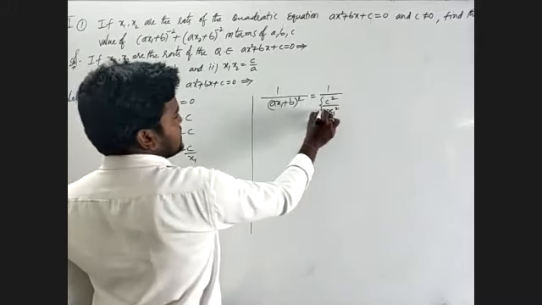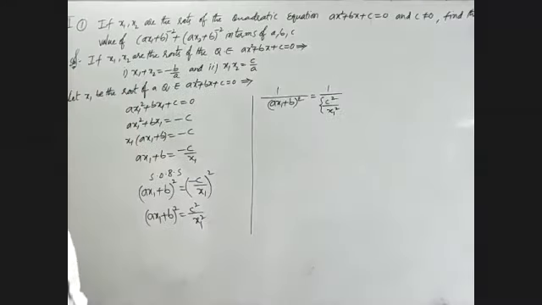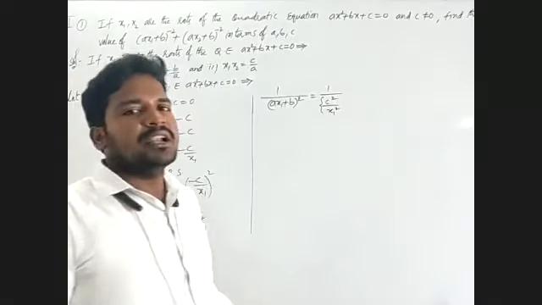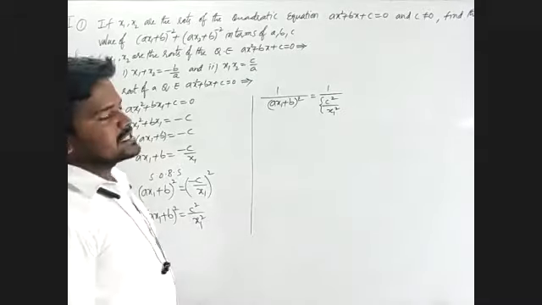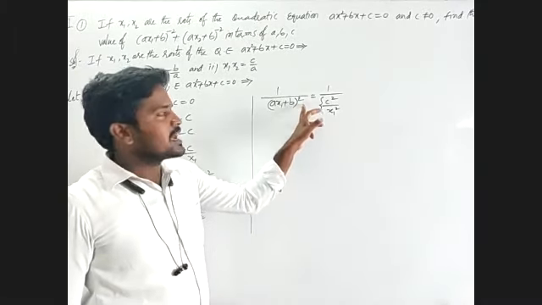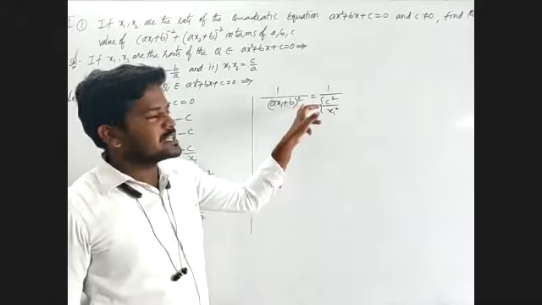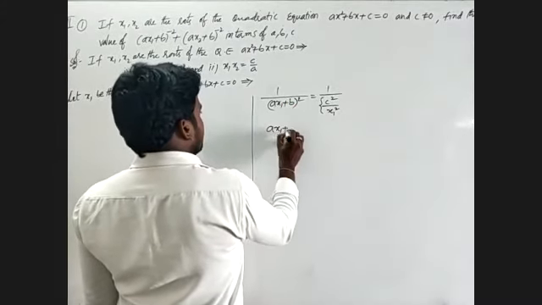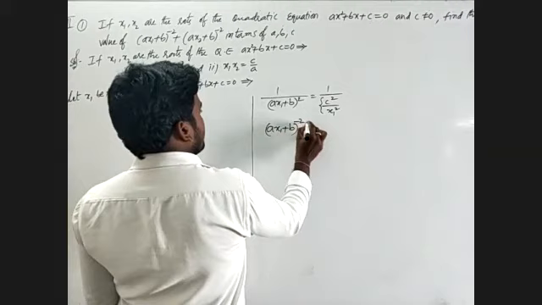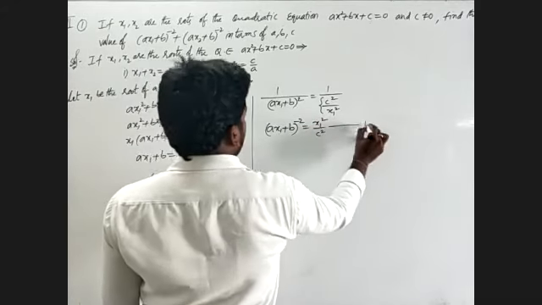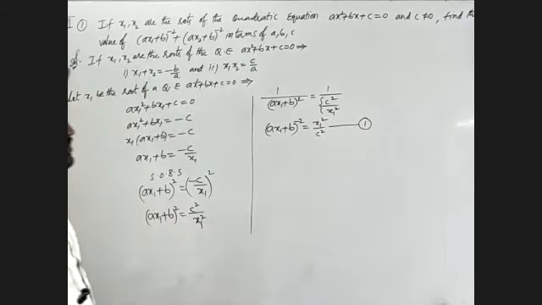This is a fraction, so the denominator becomes the numerator and the power changes sign: (ax1 + b)^(-2) = x1²/c². This is my equation number 1.